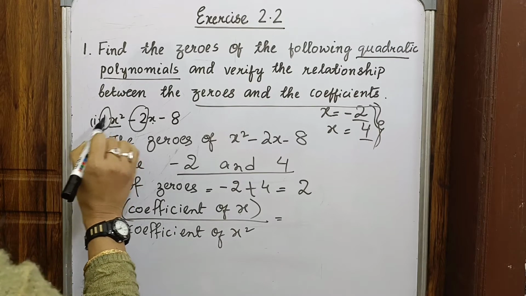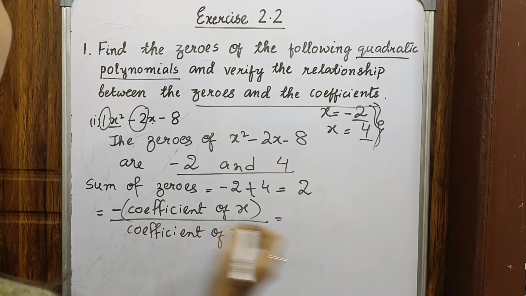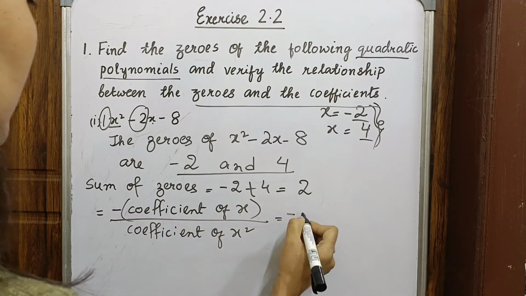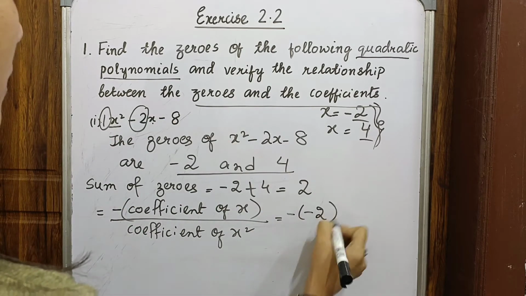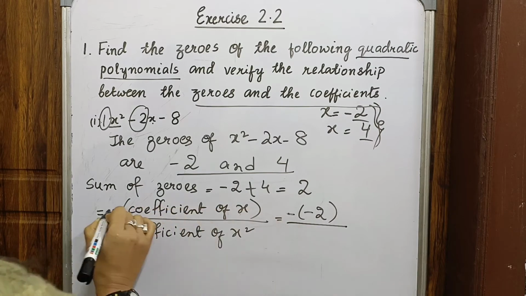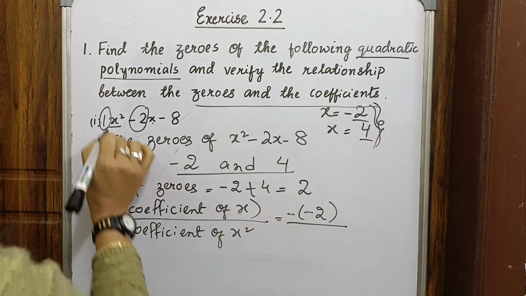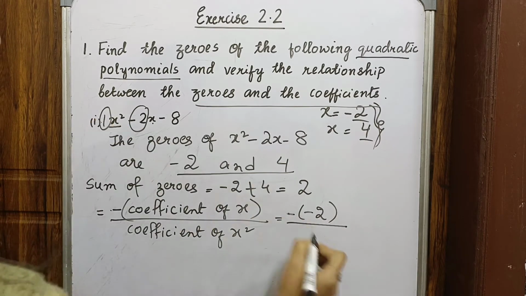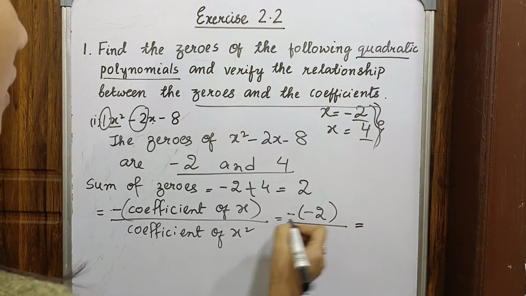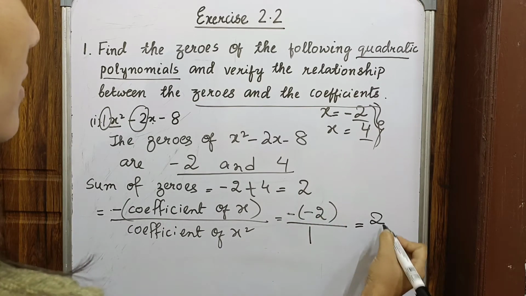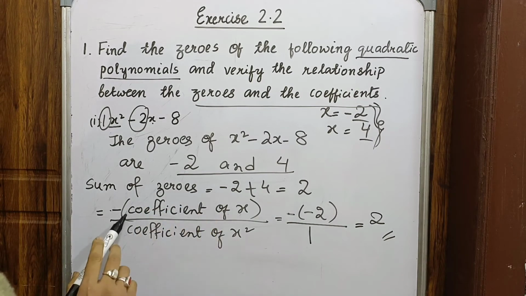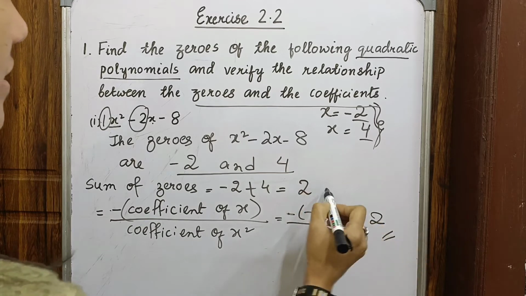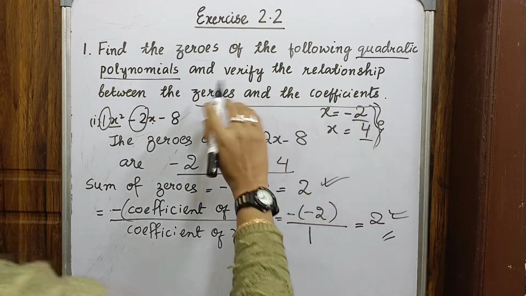The coefficient of x is minus 2, and the coefficient of x square is 1. If there is nothing, there will be 1. So it is minus minus plus 2, 2 ones are 2. So you see the sum of zeros equals minus of coefficient of x by coefficient of x square. Hence it is verified.